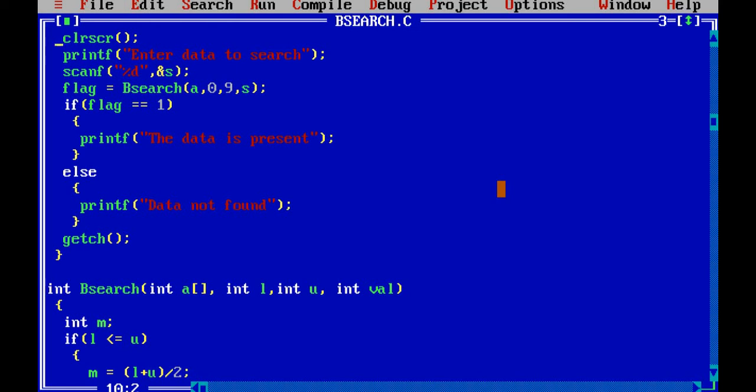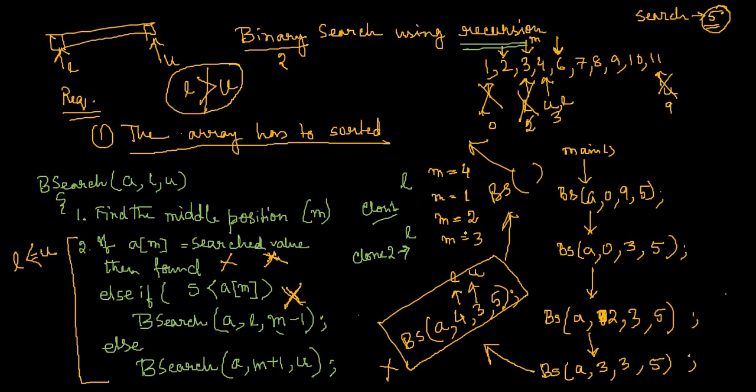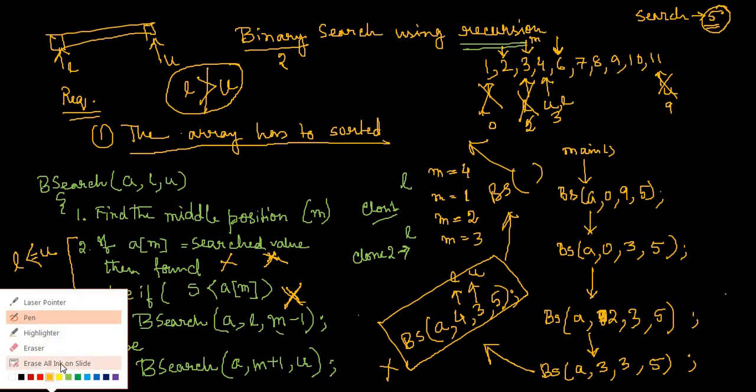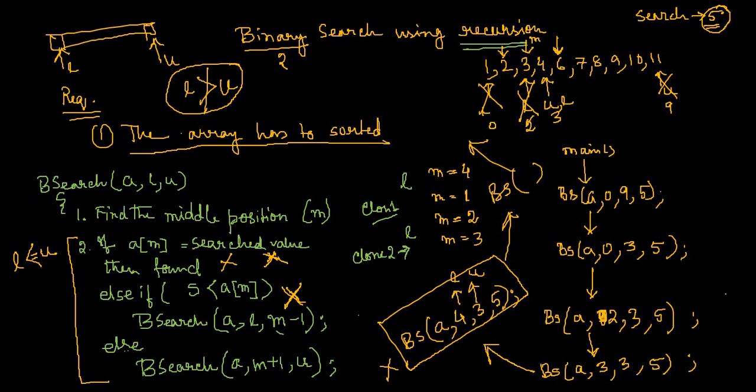Now, if I go back to the problem that we were discussing last class, let me erase this screen. The problem I raised last day is that you have an array, some data set.